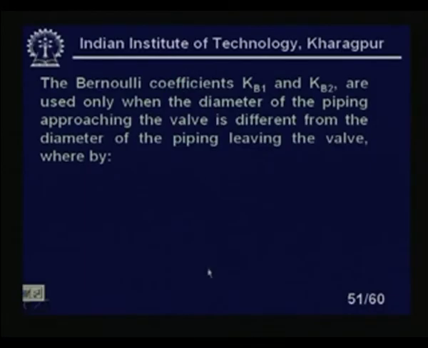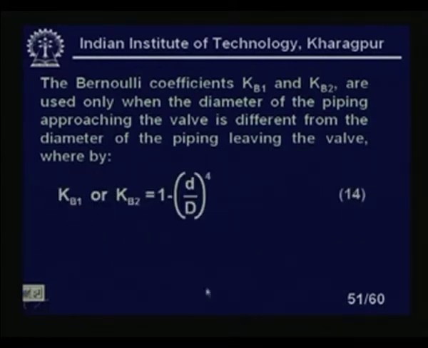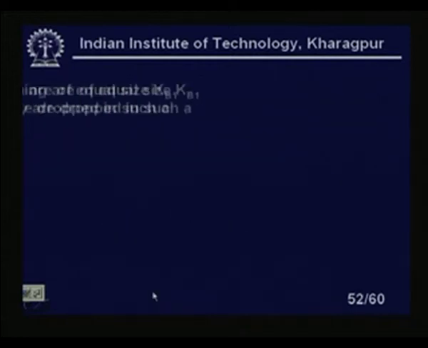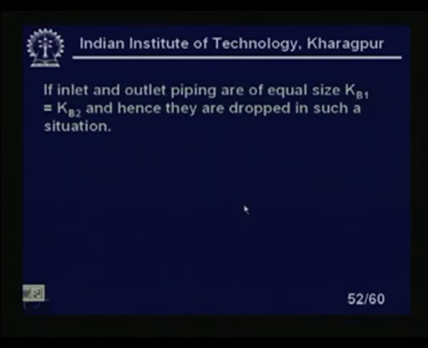So these last two terms can be cancelled, whereby Kb1 or Kb2 equals 1 minus small d by capital D to the power 4, where small d is the nominal valve size and capital D is the internal diameter of the piping. Obviously D is always greater than small d. If inlet and outlet piping to and from the valve are of equal size, then Kb1 will be Kb2, hence they are dropped in such a situation.